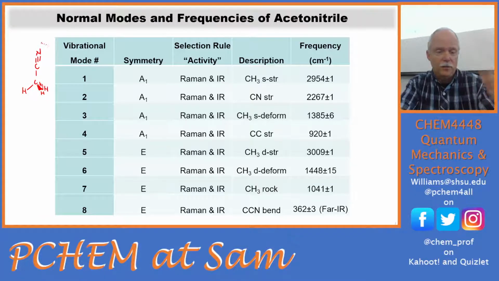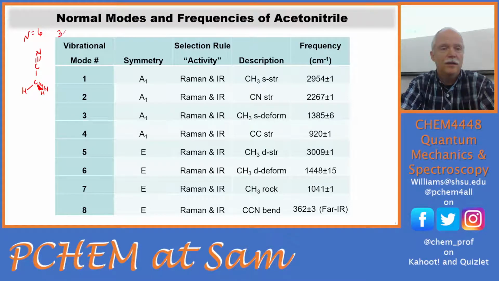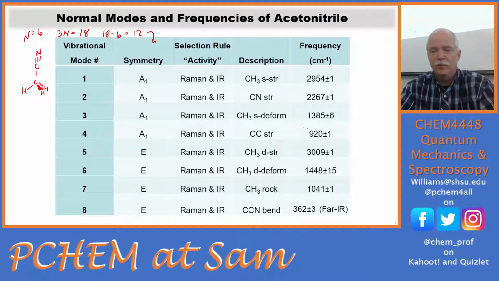Okay, so how many vibrational modes do we have? 1, 2, 3, 4, 5, 6. So N equals 6. 3N equals 18. Yep, 18 minus 6 equals 12. And here's all the vibrational frequencies, and I only see 8.